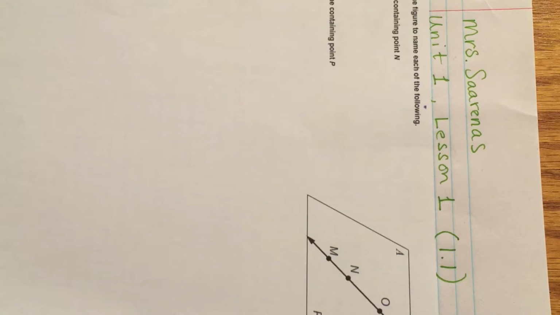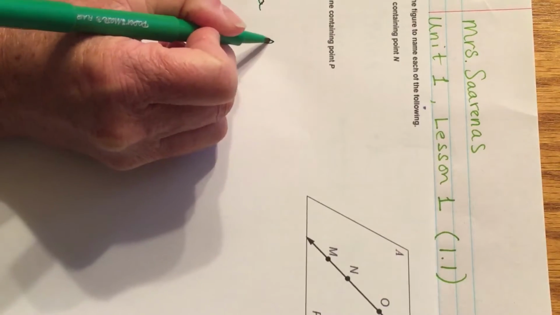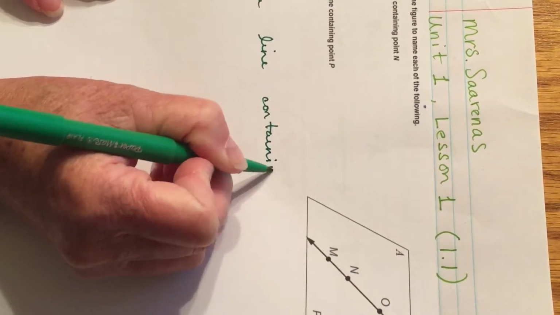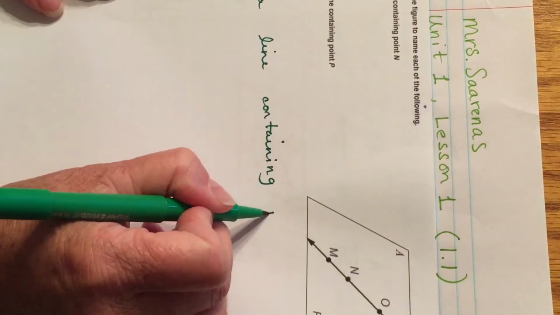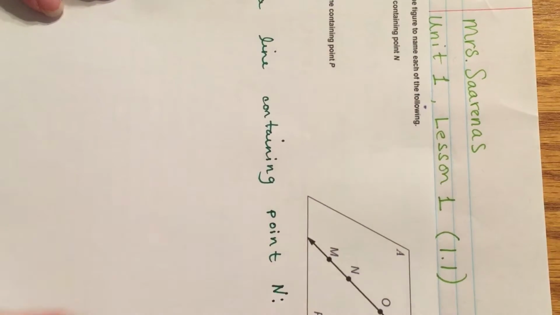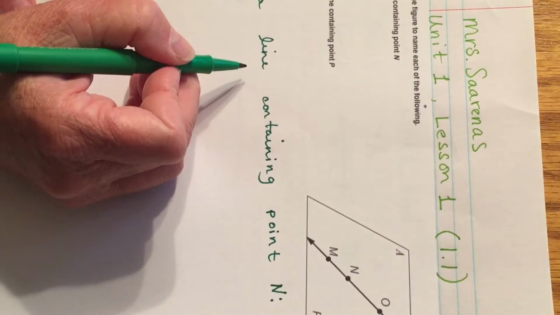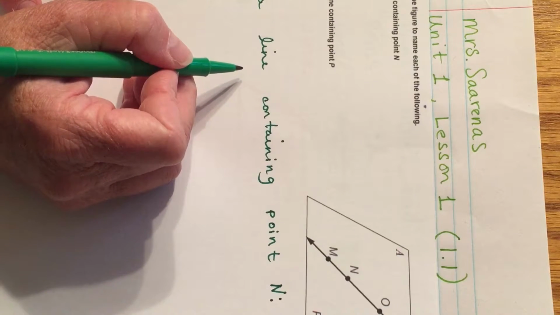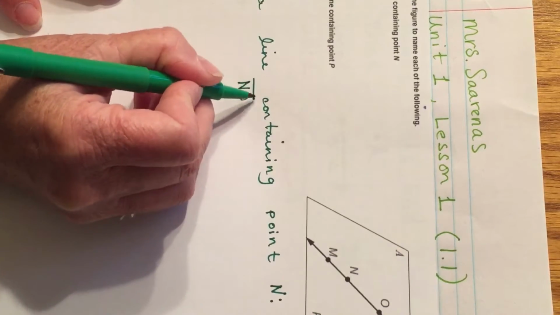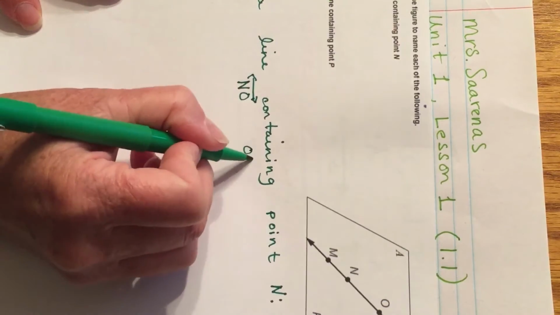Here is the solution to the above examples. A line containing point N has the following correct solution, but not limited to this as well. I could say line NO, or I could say ON.